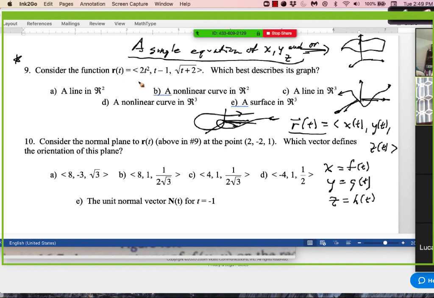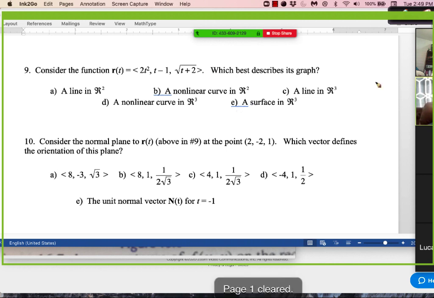Okay, so this one. I give you this function here: r(t) = <2t squared, t minus 1, radical t plus 2>. What best describes the graph of that function right there? Well, we have one answer saying that it's a line in R2. So remember that a line, when we did lines, was what?